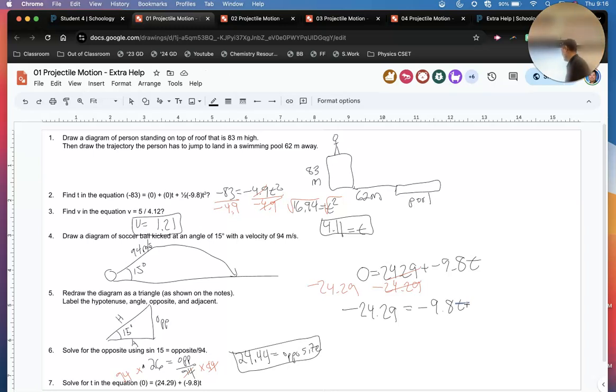Elijah hinted to it earlier. Well, we already moved 24.29 to this side. So it's only these two that are multiplying each other. How do we get t by itself when they're multiplying?